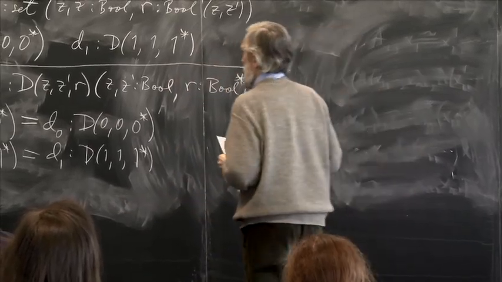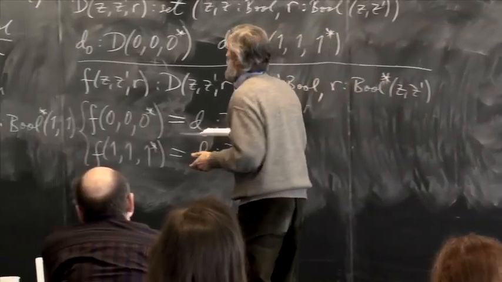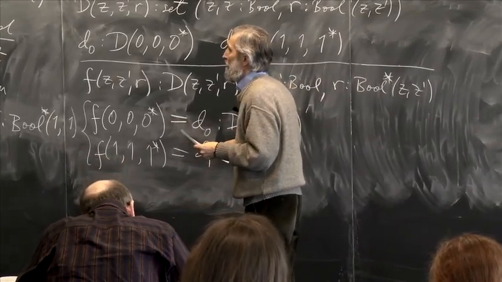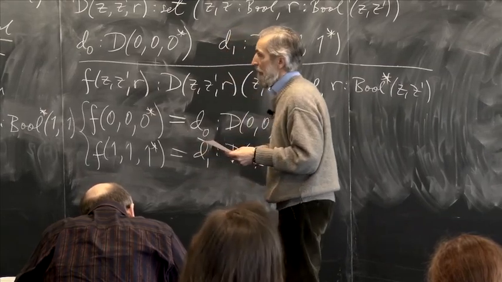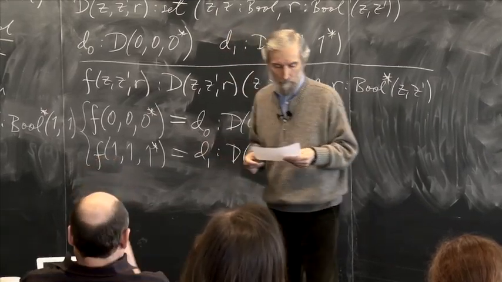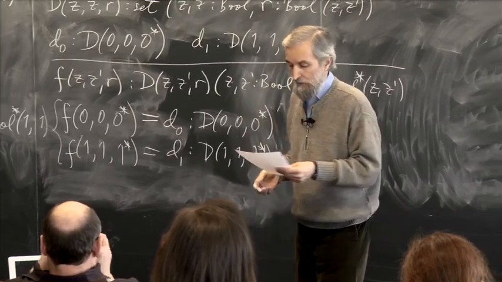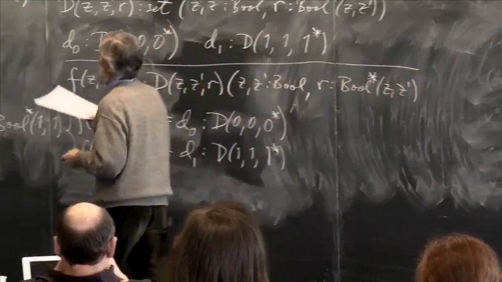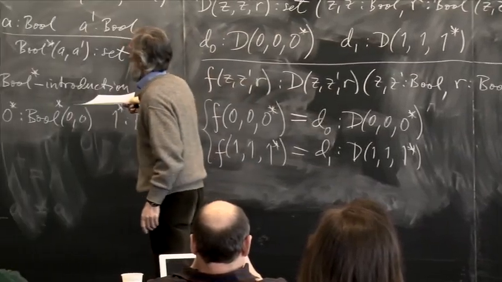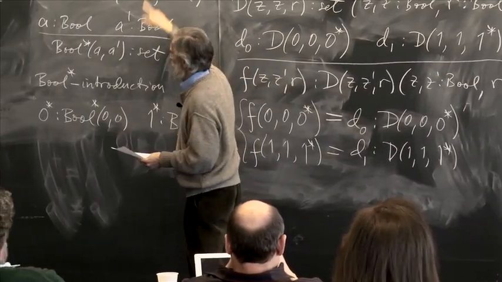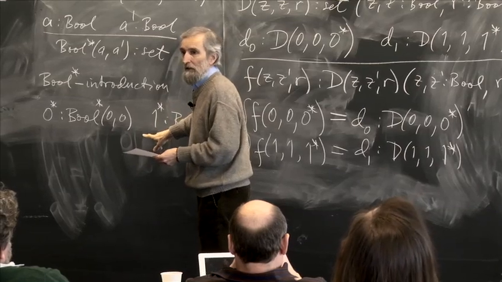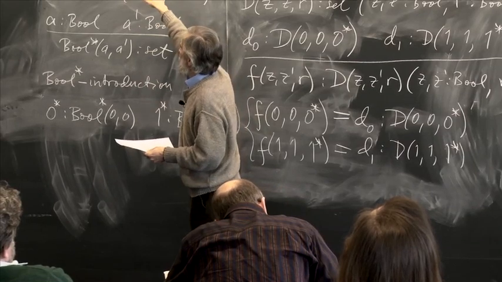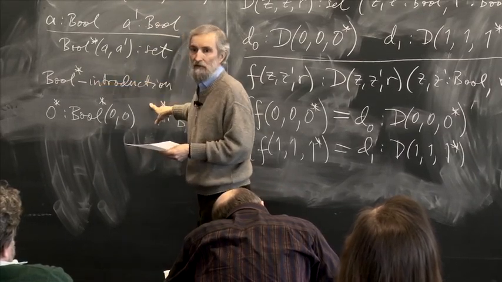So now we have to see to it that with these new rules, we can validate the standard bool rules in the two-dimensional model. So I've already remarked in connection with the formation and the introduction rules that these rules are precisely what is needed to validate the bool formation and bool introduction rules in the model.